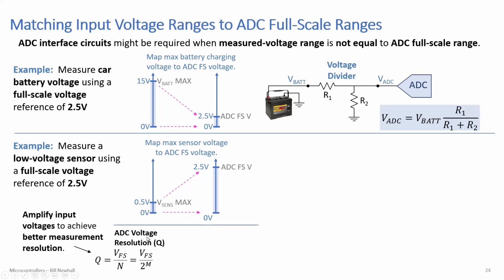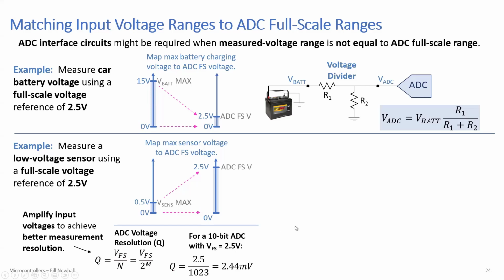What does that correspond to in terms of the quantized voltage levels at the input? The ADC resolution Q is the full scale range divided by N, which is full scale divided by 2 to the M, 2 to the number of bits of resolution of the ADC. So for a 10-bit ADC with a full scale voltage of 2.5 volts, 2.5 over 1023 is 2.44 millivolts.